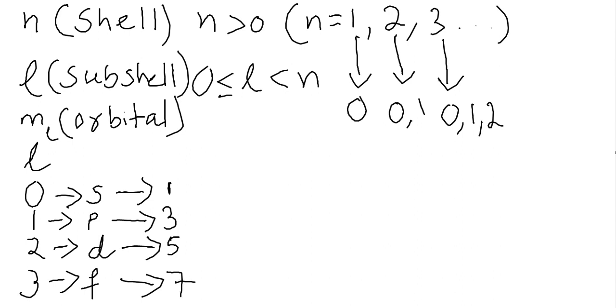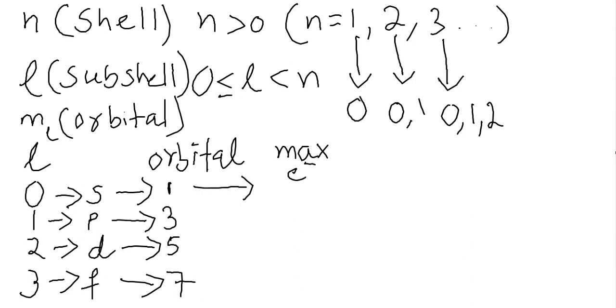And within each orbital, we can have a max of 2 electrons. So when we have one orbital, we can have a max of 2 electrons.